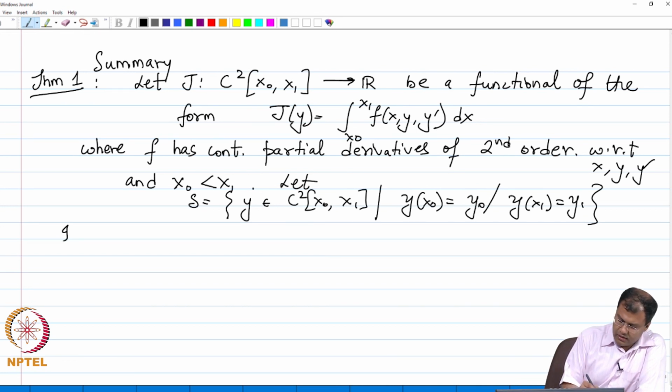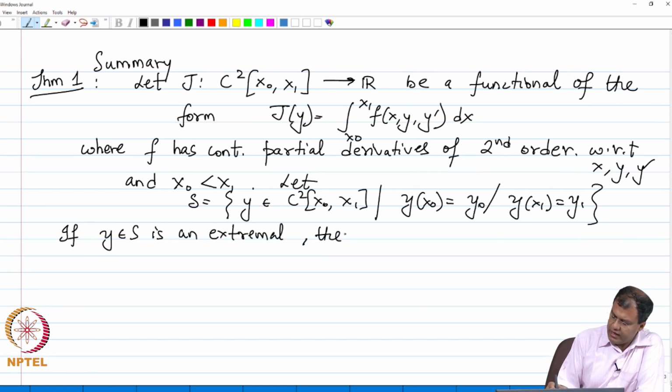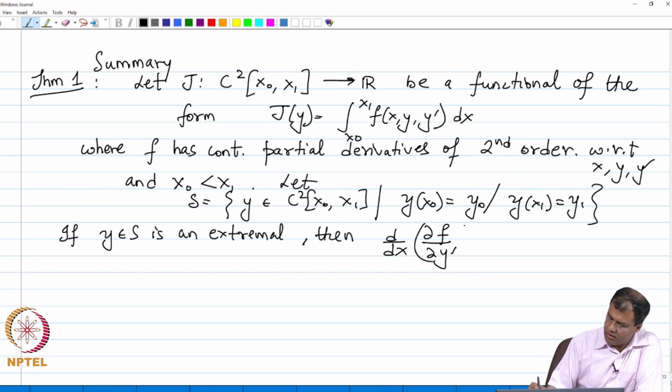Then the result says, if y in S is an extremal, it must satisfy this particular equation, which is our expression E that we have just shown earlier: d/dx of del f del y prime minus del f del y equal to 0.